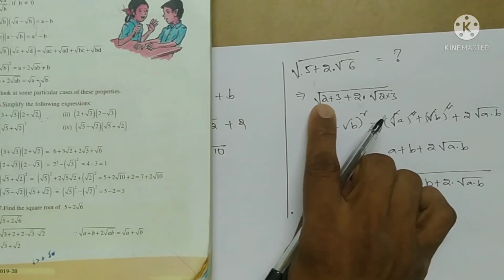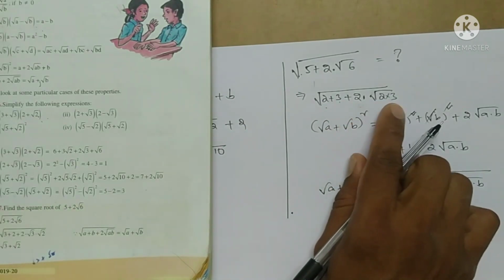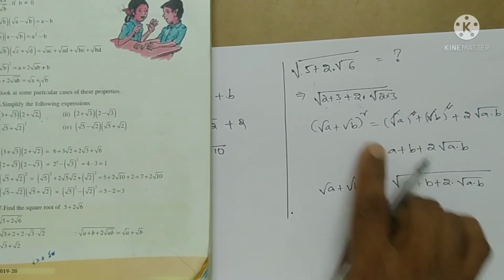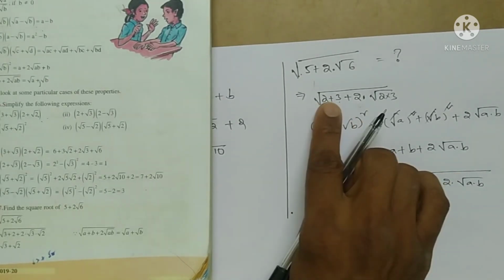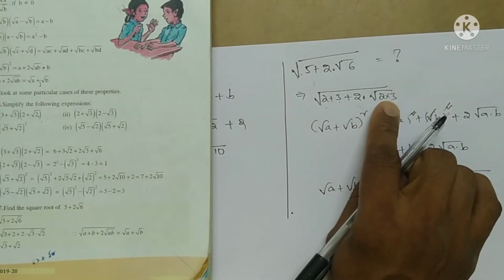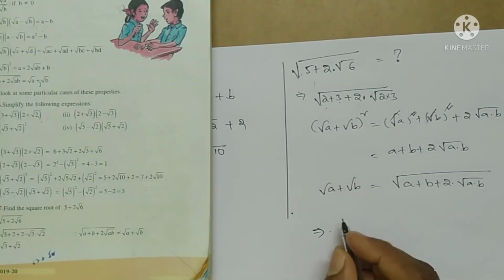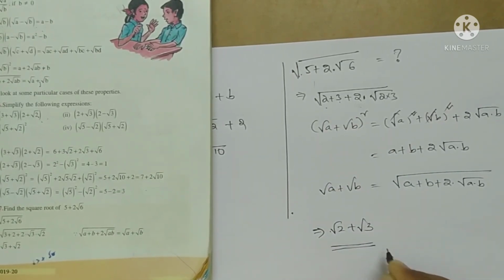So here under root 2 plus 3 plus 2 into under root 2 into 3. Here a is equal to 2, b is equal to 3. So finally our result is root 2 plus root 3. This is our final result.